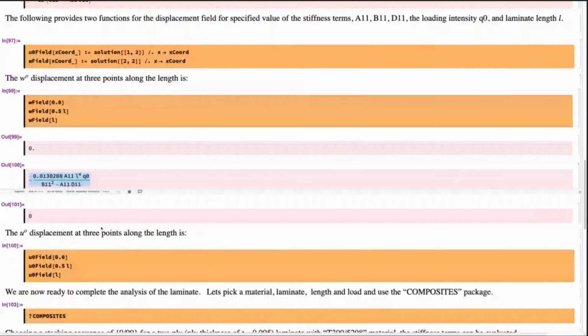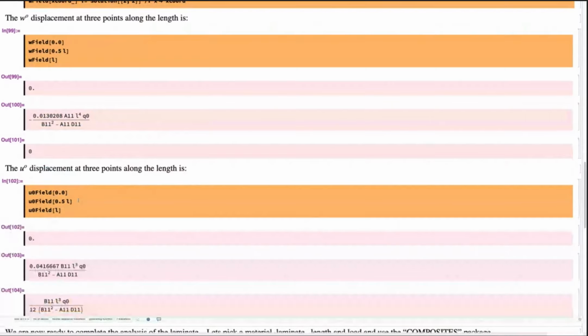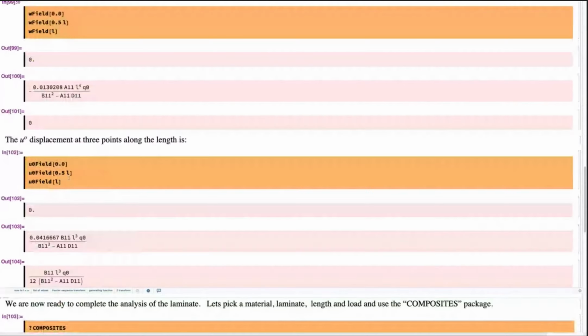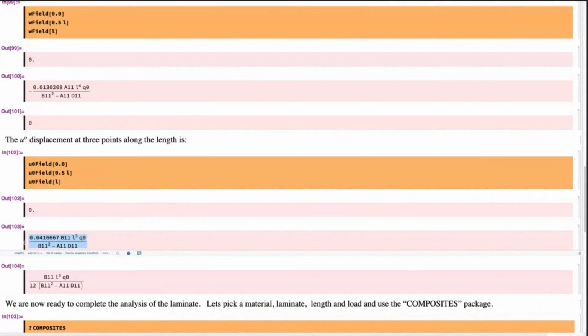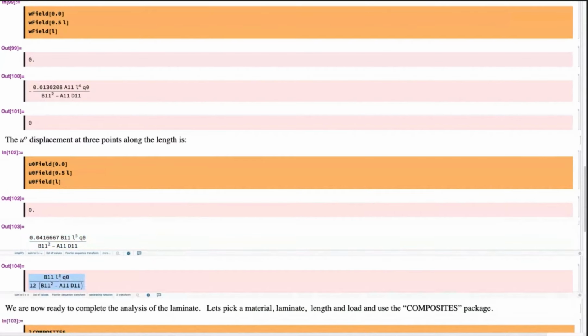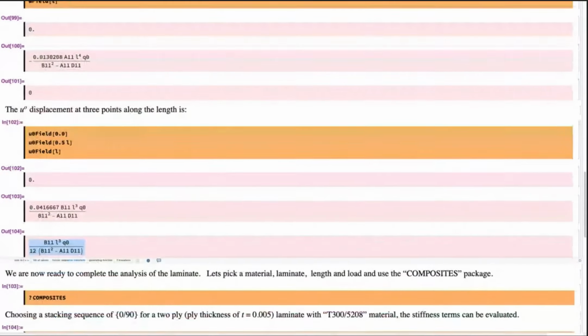For the U displacement at X equals 0, halfway along the length of the plate, and at the end of the plate, you can see U is 0 at the left end, halfway along the length it has a value, and all the way on the other end it has an even bigger value.